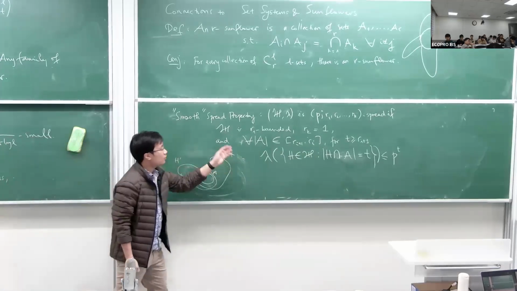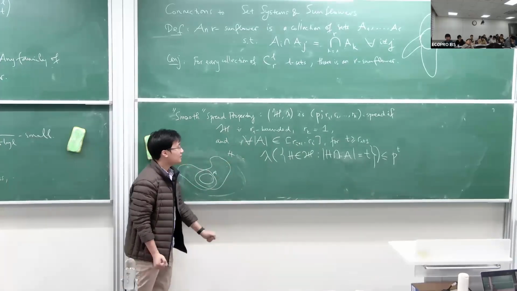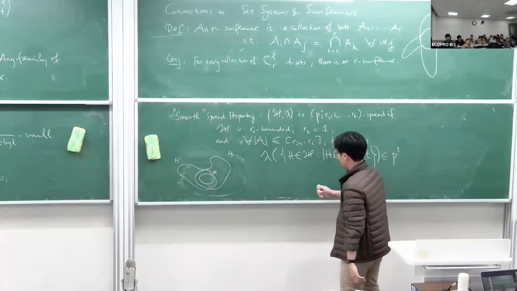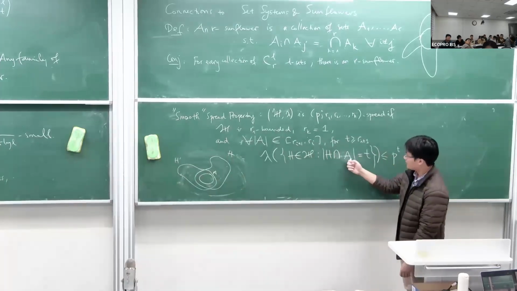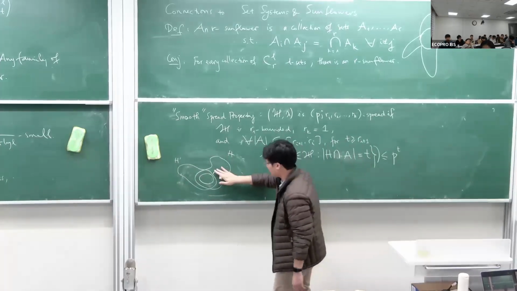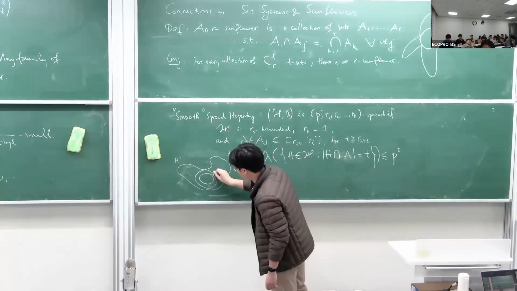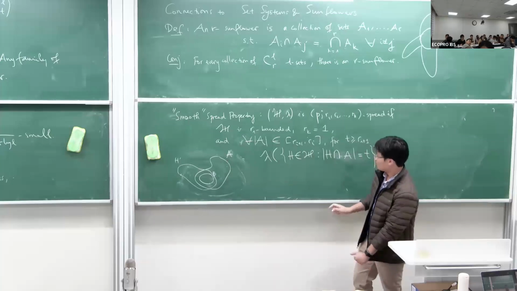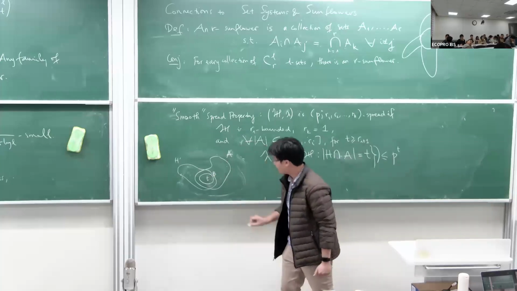But here, what is different in this condition is that, so once we are given this set A, okay, let me not use that as A, let me use that as B, and think about this as A. So B has size T, right?